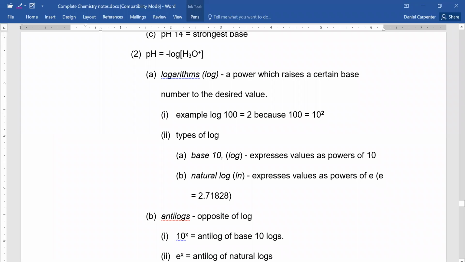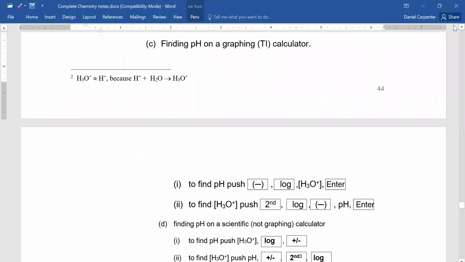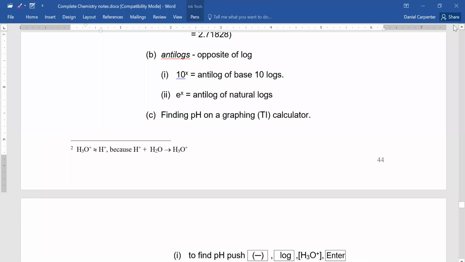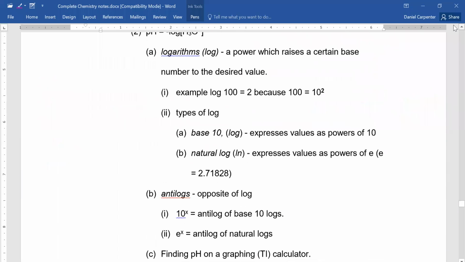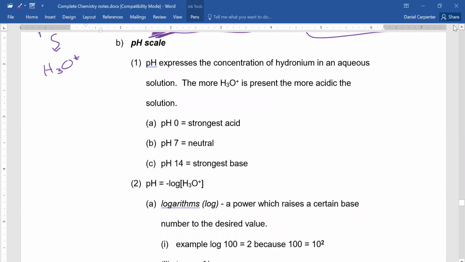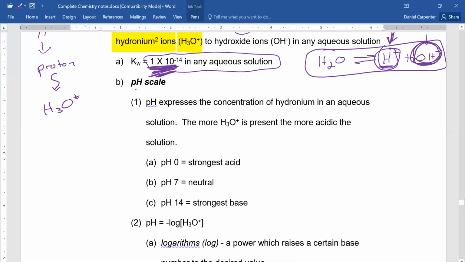So we use the pH scale, and undoubtedly you've all heard of pH. How could you not have heard of pH?